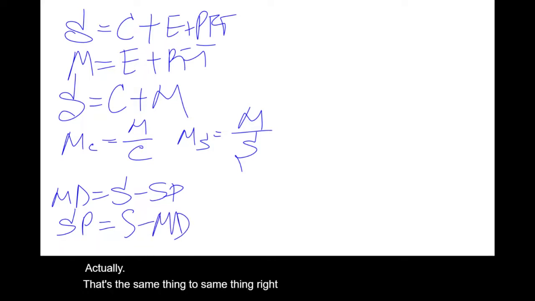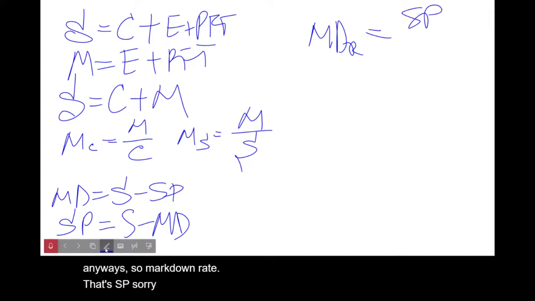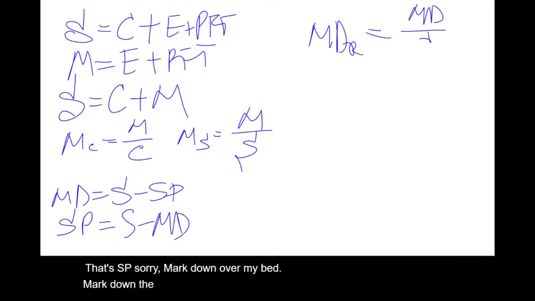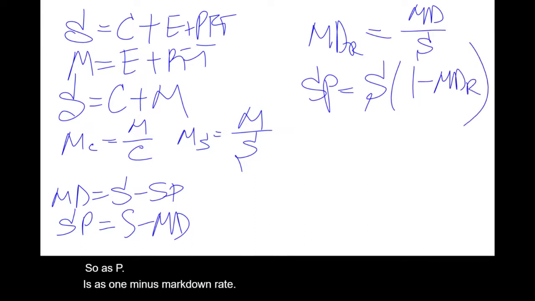So I prefer to use the second one. Anyways, so markdown rate is markdown amount over S. Oh, sorry, markdown over S, my bad. So SP is S times 1 minus markdown rate. That's about it.